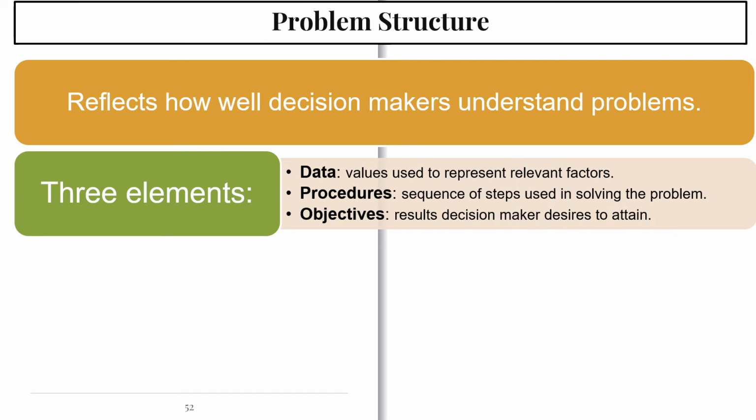The first element is data, the values used to represent the relevant factors of the problem. Also the procedures, the sequence of steps used in solving the problem. The third one is the objectives, the results decision makers desire to attain.